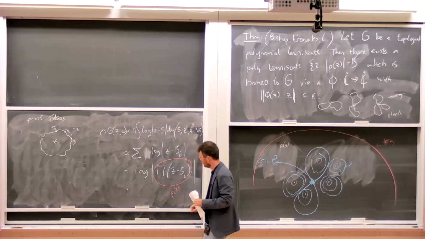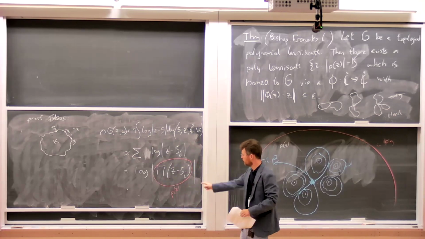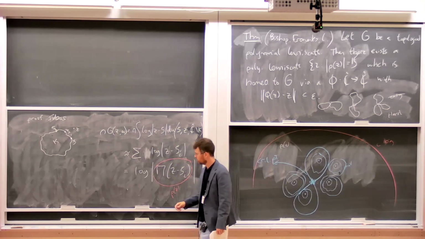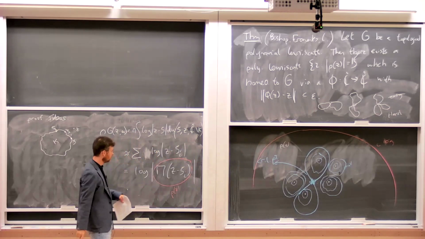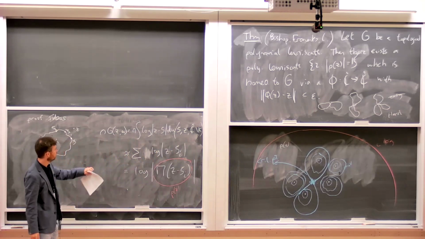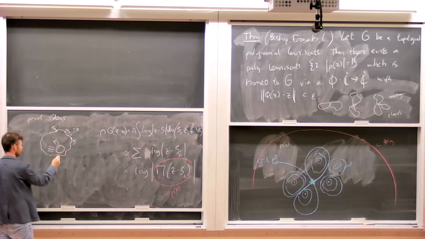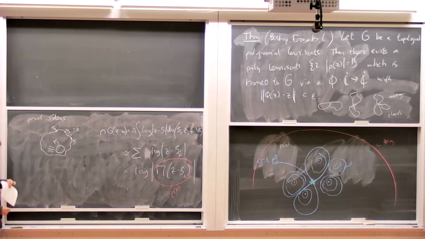This is the desired polynomial, because the level sets of this polynomial, they differ by constants, but the set of level sets of this polynomial is the same as the set of level sets of log of the modulus of that polynomial, which imitate the level sets of the Green's function. And the Green's function is identically 0 only on your compact set.